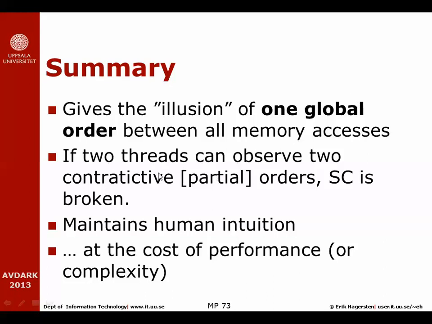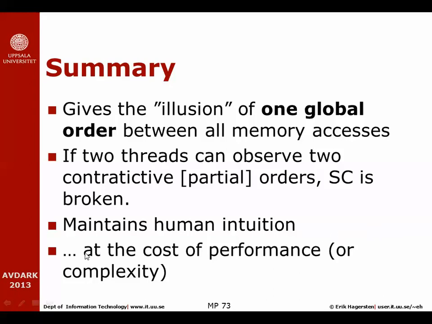If two different threads can observe contradictive orders, even if they are partial orders, so one says B happened before A, the other one says A happened before B, okay, then sequential consistency is broken. It really maintains human intuition. It really maintains Dekker's intuition, my intuition, I assume many of your intuition as well, how a shared memory system should work.